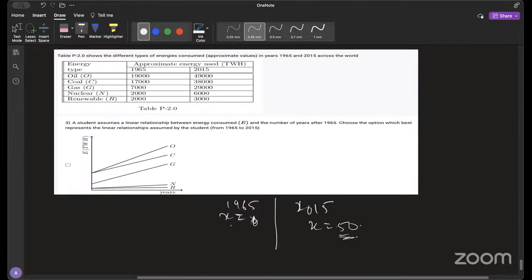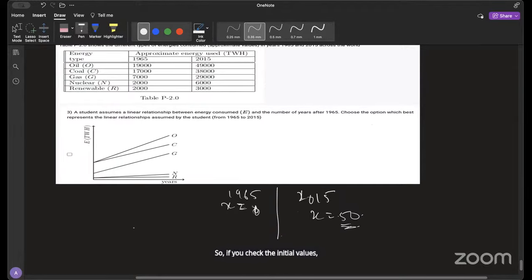At x equals 0, for oil, you have 19,000. And then it increases. So if you check the initial values, OX is the greatest initially. Let's just call the initial value X1 and this X2.